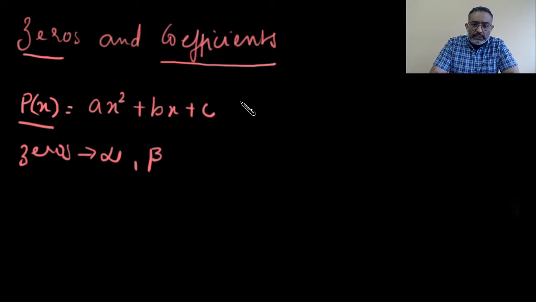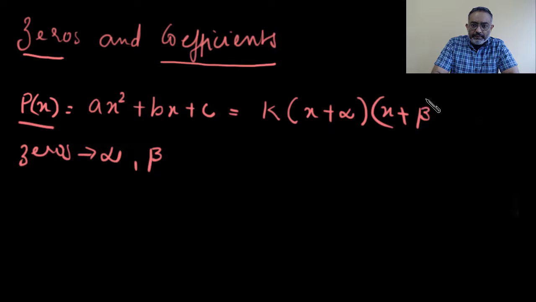So it would essentially look like this: k, which is a constant, times x plus alpha times x plus beta, all equal to 0. This is the same p of x polynomial, but it contains the variable x and our imagined zeros, alpha and beta.